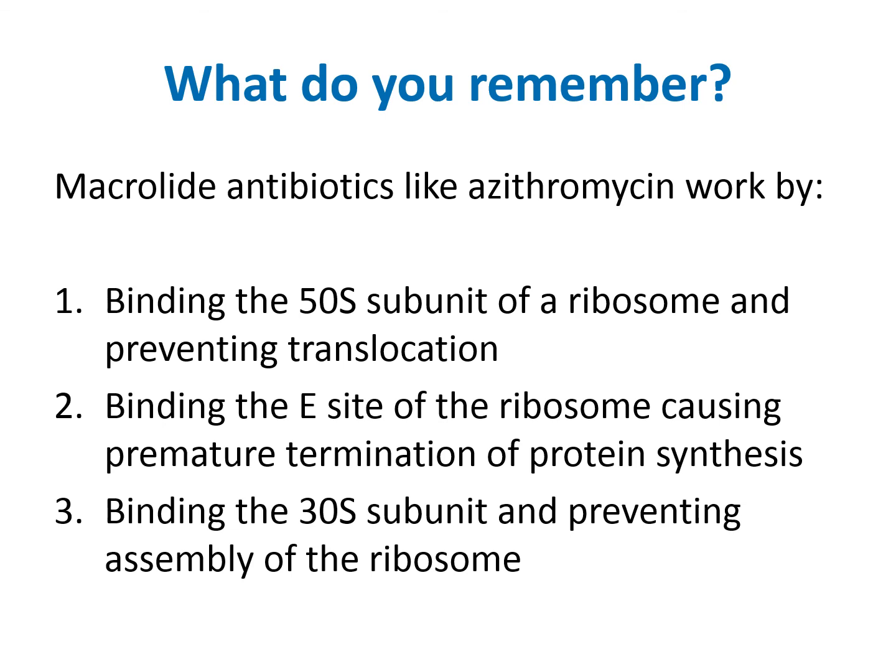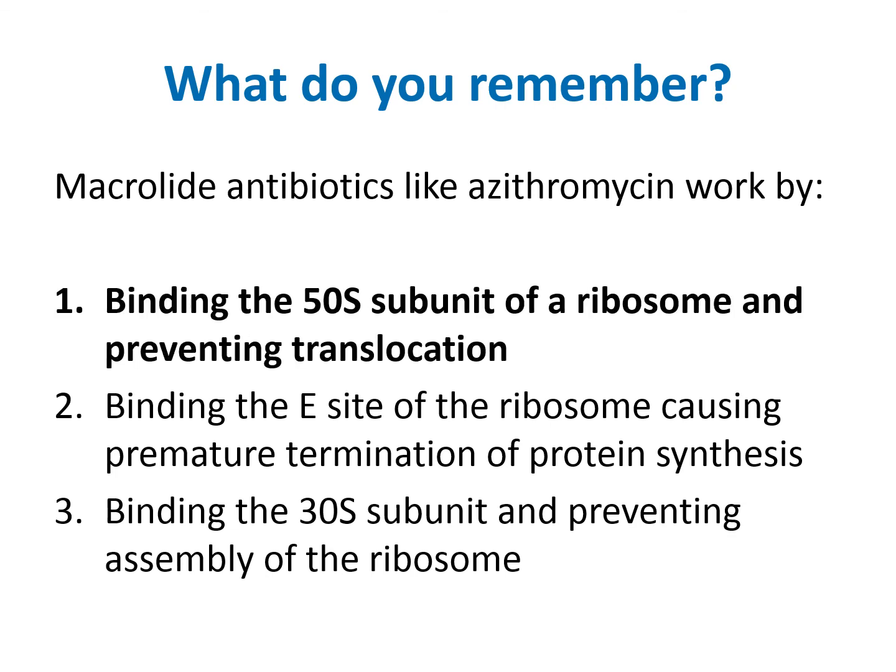Or is it binding the 30S subunit and preventing assembly of ribosomes? What do you think? That's right. Binding the 50S subunit of a ribosome and preventing translocation is exactly how macrolide antibiotics like Z-Paks work.